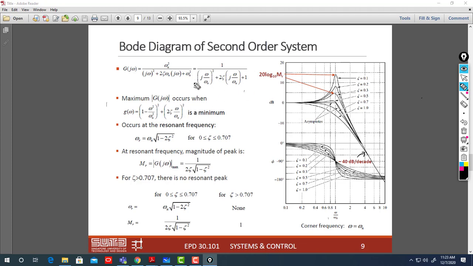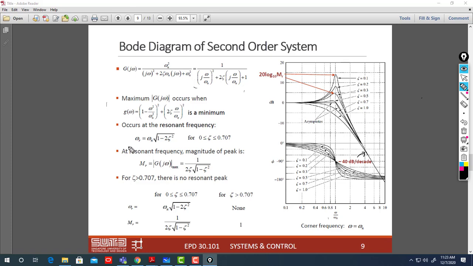It's a complex number, so its magnitude is the square root of real squared plus imaginary squared. If this is minimum, I get the maximum. If this is minimum, I set the derivative equal to 0, so I can find the omega at which I have this minimum. Therefore, I have maximum amplitude.